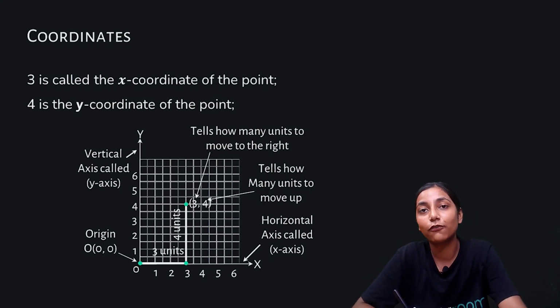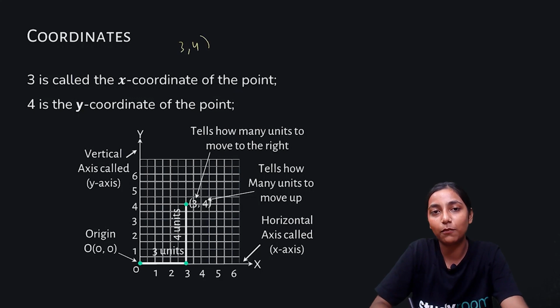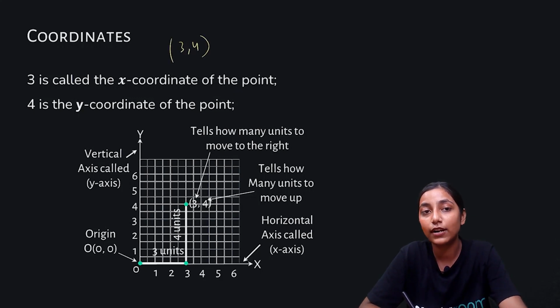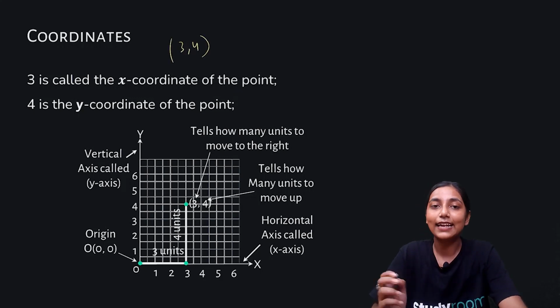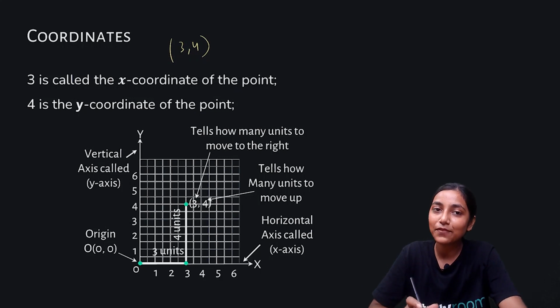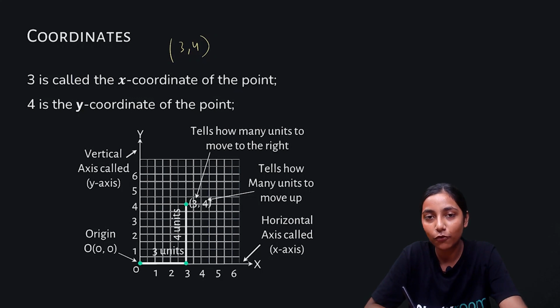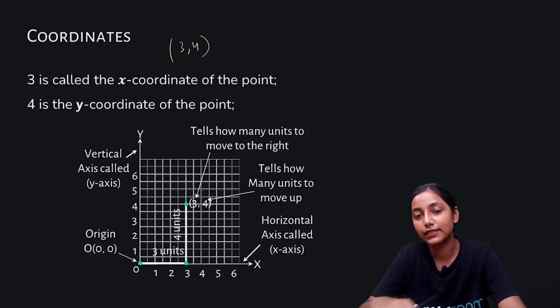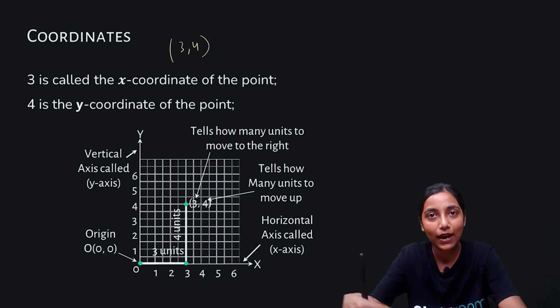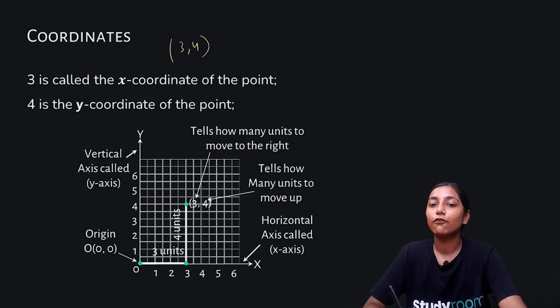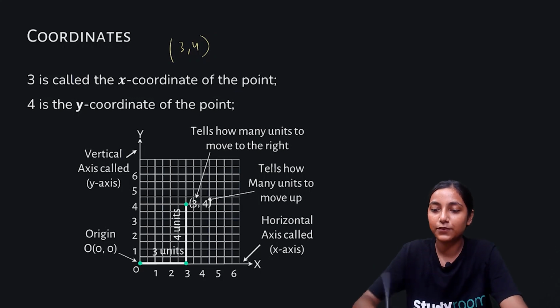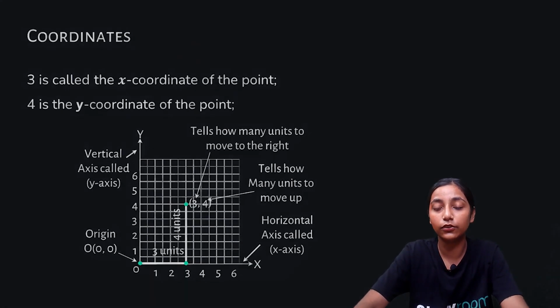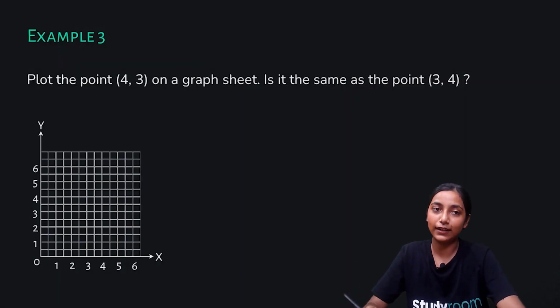So 3, 4 are the coordinates of this green point. Here 3 is my x coordinate and 4 is my y coordinate. This first 3 tells me to move 3 units to the right of the origin, while this 4 tells me to move 4 units up. So this is what you need to know about coordinates.